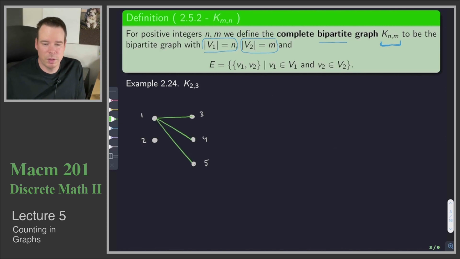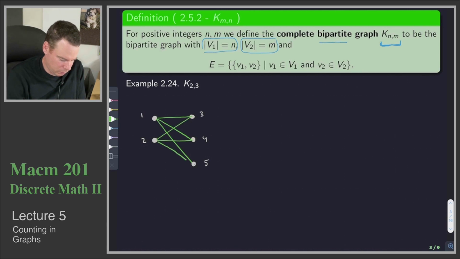We don't include 1,2 because vertex 1 and vertex 2 are in the same half of the bipartition. And similarly for 2, 2 would connect to all the vertices that are in the other set. And so there we go. We've got our K2,3 drawn. And just for emphasis, I will group together those vertices. That's our V1 set, and this is our V2 set.